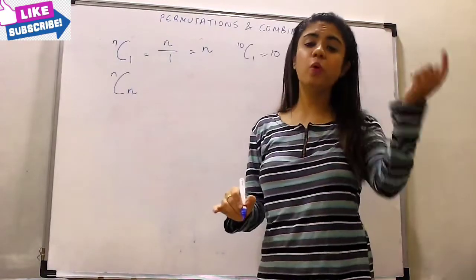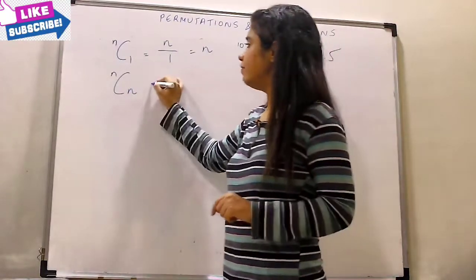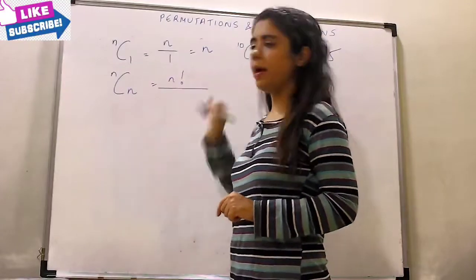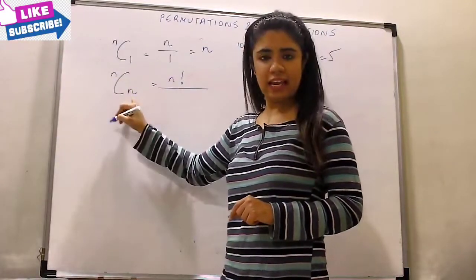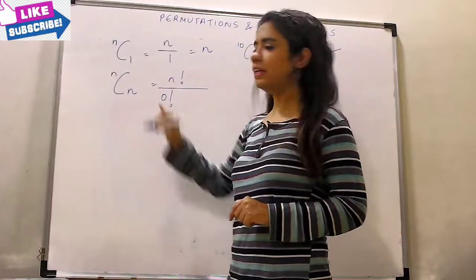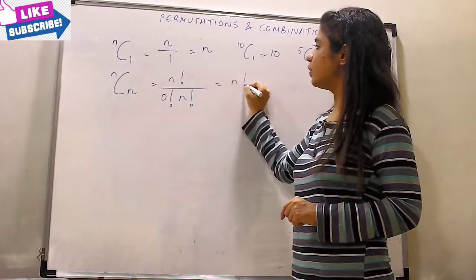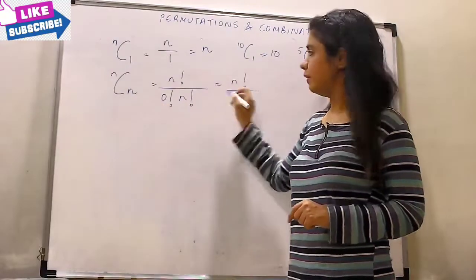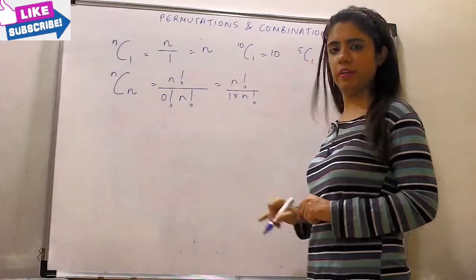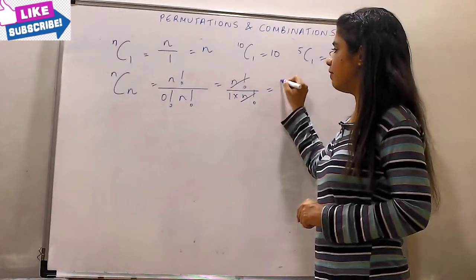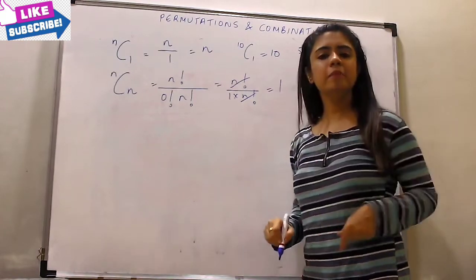Next is NCN. If you go back to the formula, it will be n factorial upon (n minus n) factorial, which is 0 factorial, into n factorial. So this will become n factorial upon 0 factorial, which is 1, into n factorial. This will get cancelled, and my value becomes 1. NCN means what?